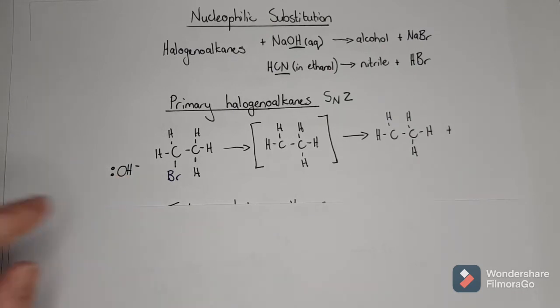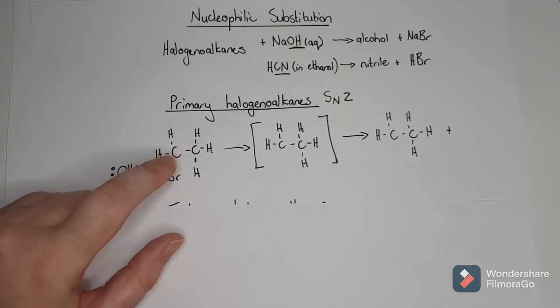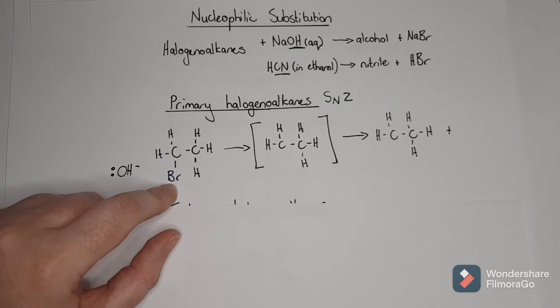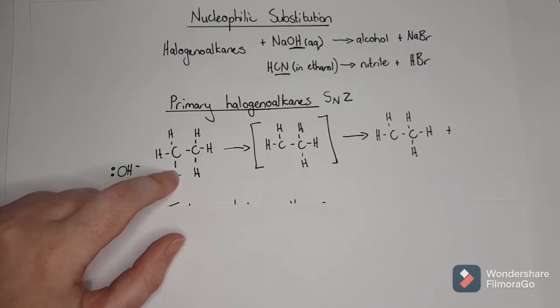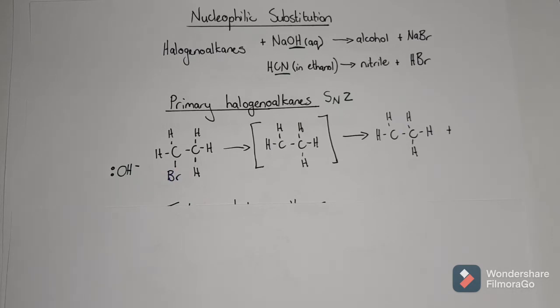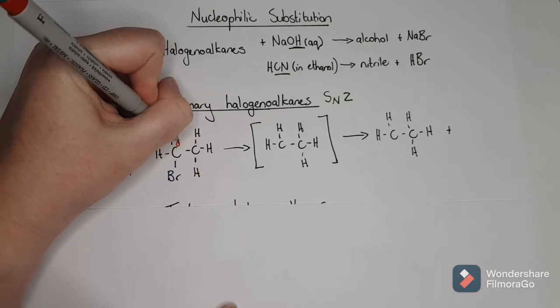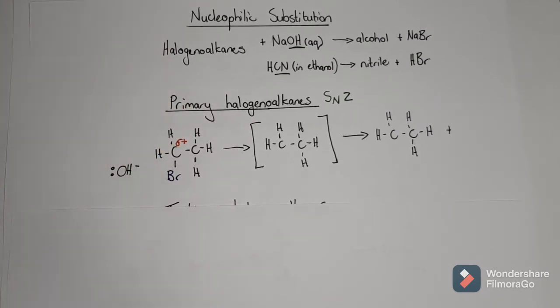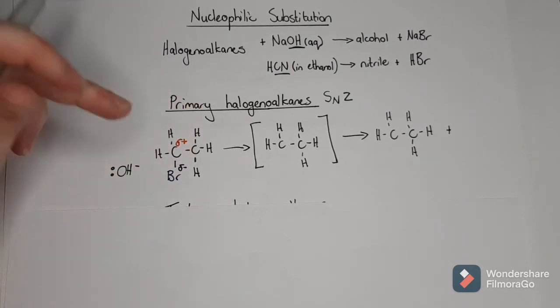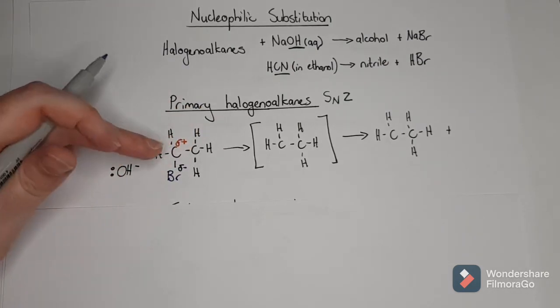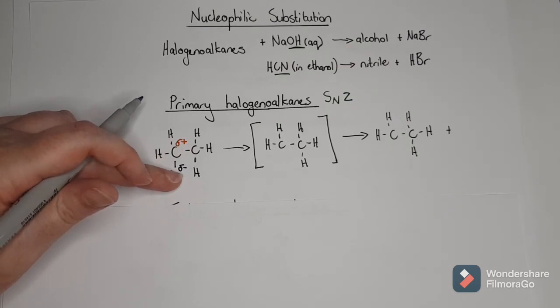So in this bond here between the carbon and the bromine, bromine is very electronegative, making this bond polar. So, because it's a polar bond, it means that the carbon becomes positively charged and the bromine becomes negatively charged. So we add a positive charge by the carbon and a negative charge by the bromine.